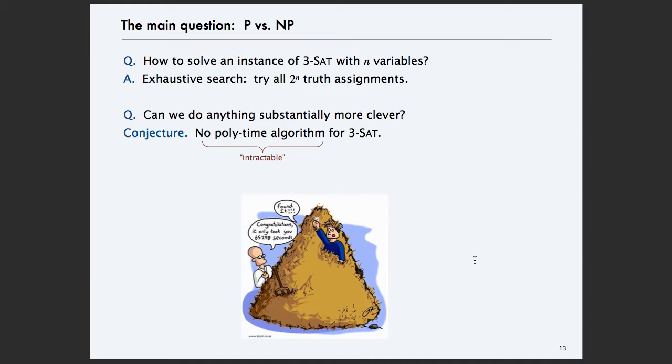Is P and NP the same? Well, how could we solve an instance of 3SAT with n variables? Brute force it, do exhaustive search, try all the 2 to the n truth assignments. The question is, can we do something better? Not just better for this particular problem, but better in general, and really, really better.